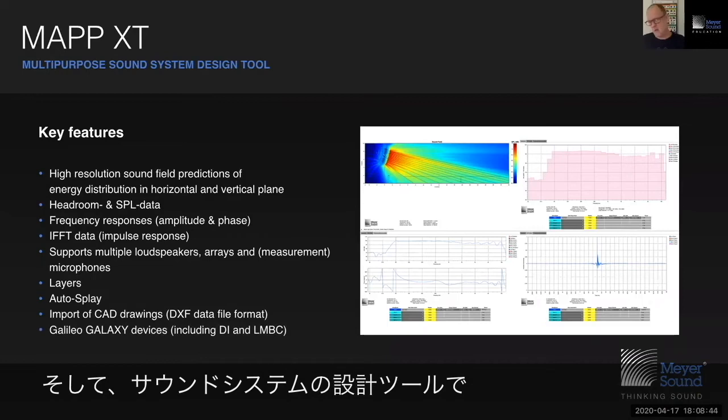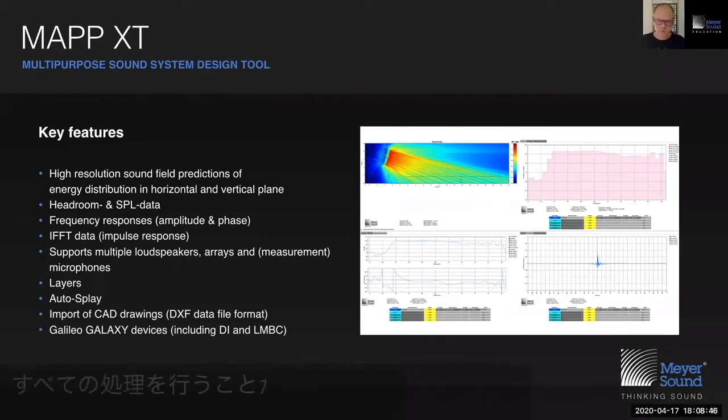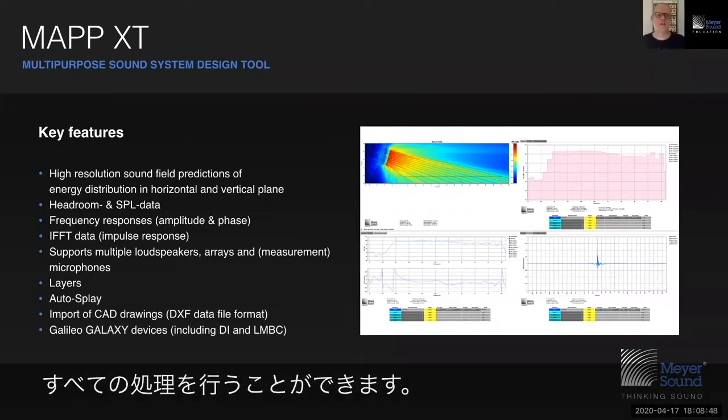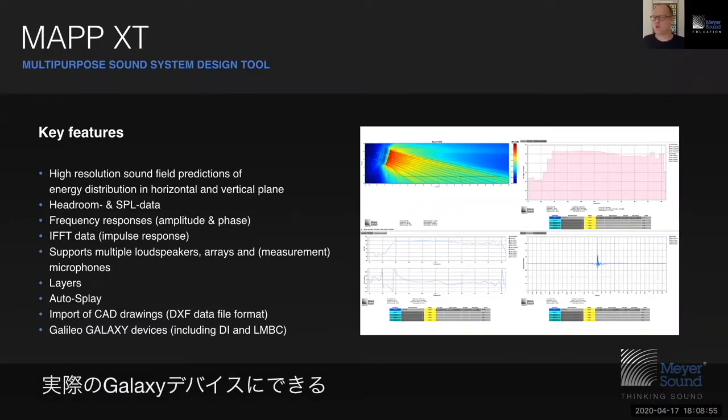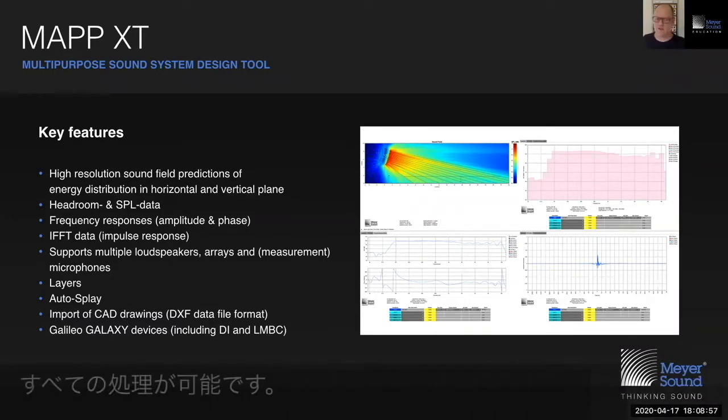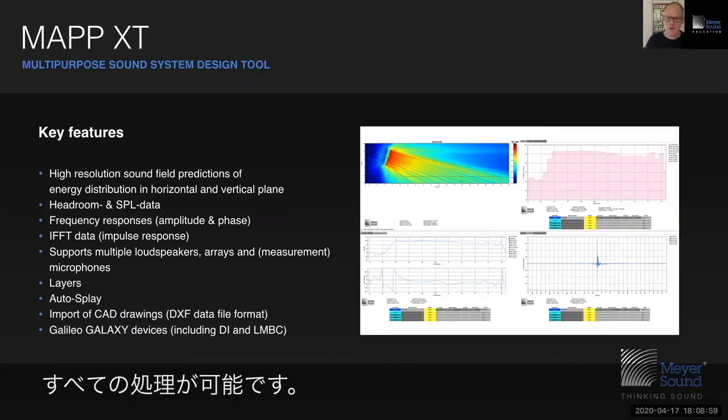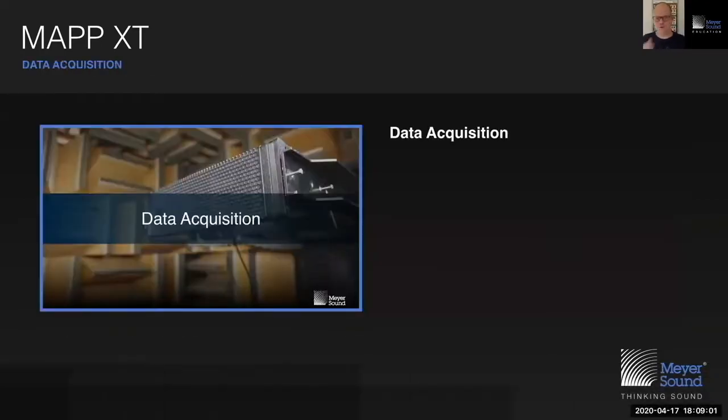Okay, and finally, we have all the processing available in our sound system design tool that one would expect from real Galaxy devices, such as delay integration, LMBC, U-shaping, and so forth.